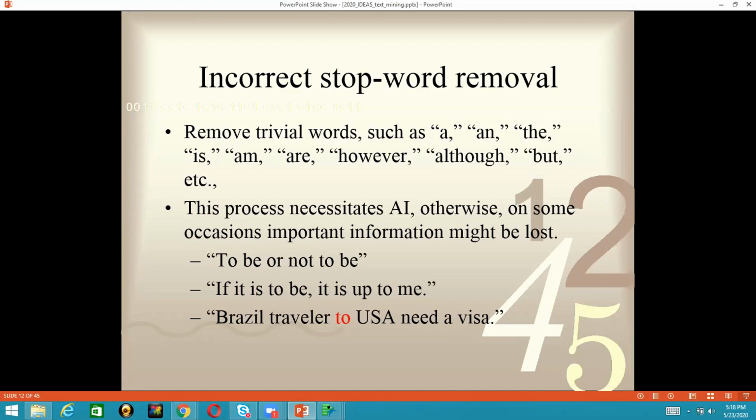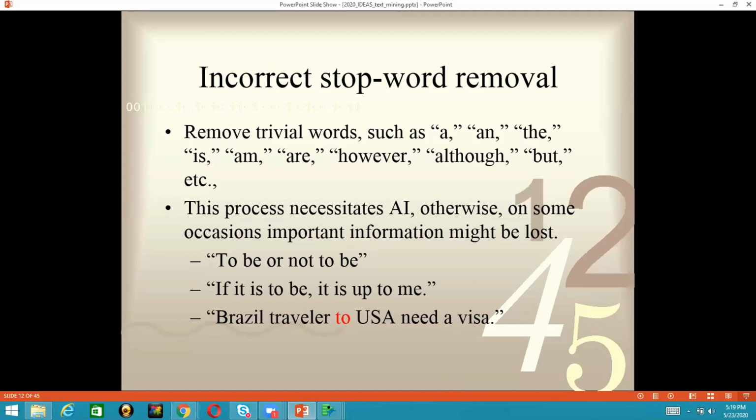For example, to be or not to be, that is the question. To, not important. Be, not important. Or, not important. The whole sentence is erased. Then you miss the most important phrase by Shakespeare. So when you take away the whole thing, you miss something very important.